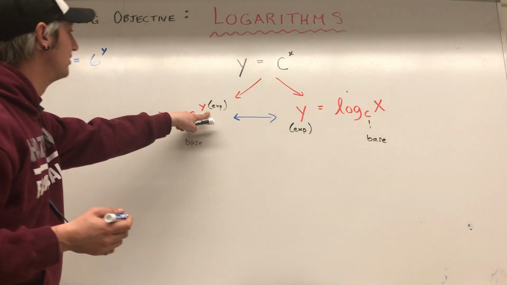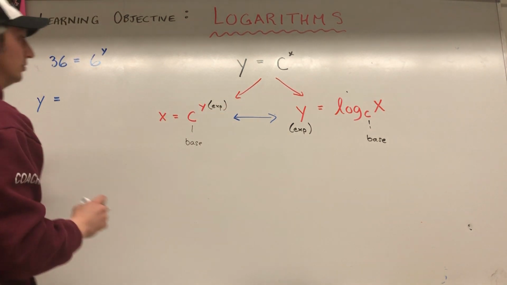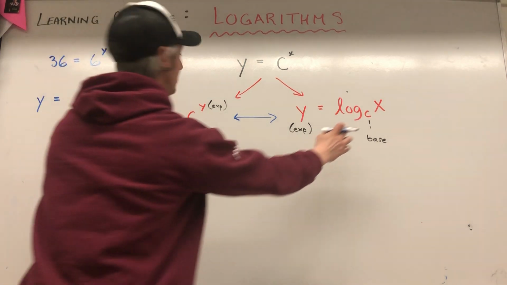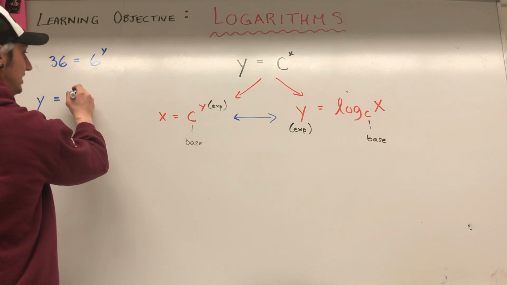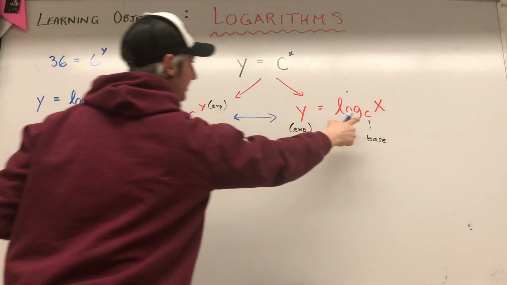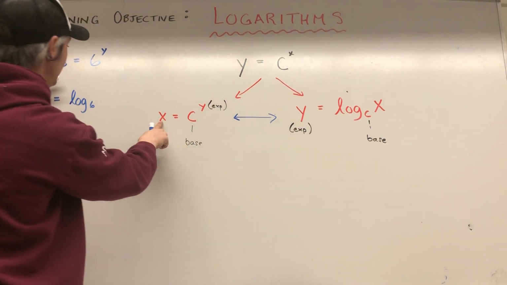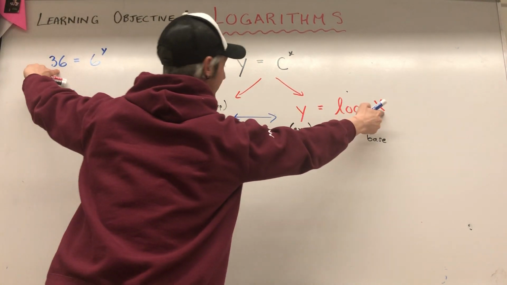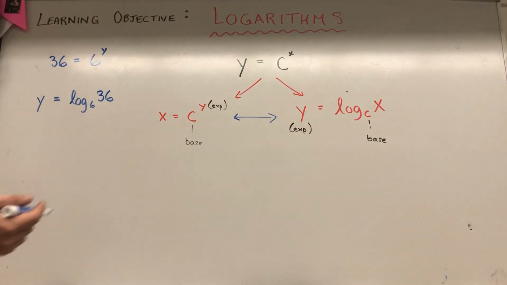Well, you go here, you say, okay, that's my y, so I'm going to put y here. y is equal to, my base is c. So c is my base, so it's going to be equal to log base 6, because that's where my c goes, and then x is here, so I'm going to put x there. Okay? And that's how I would write it.